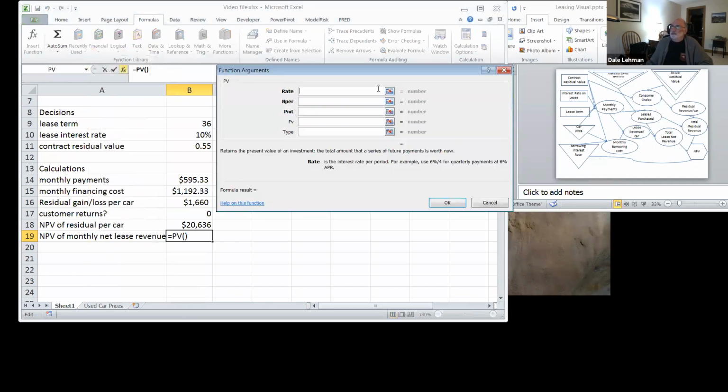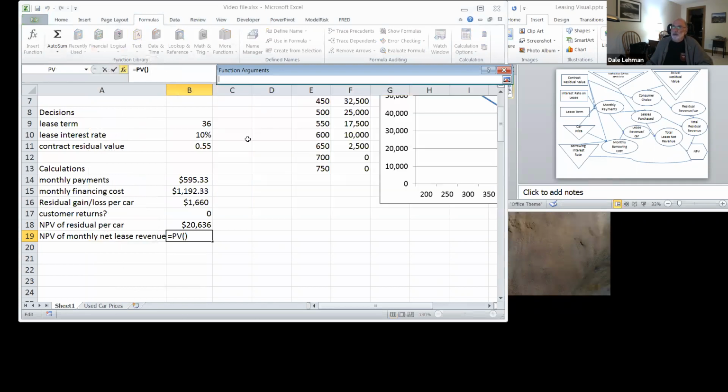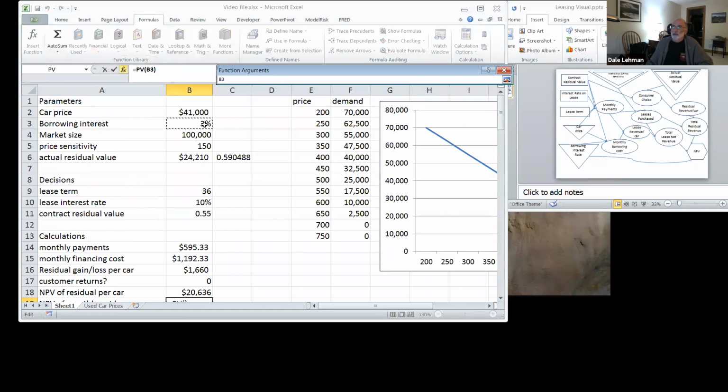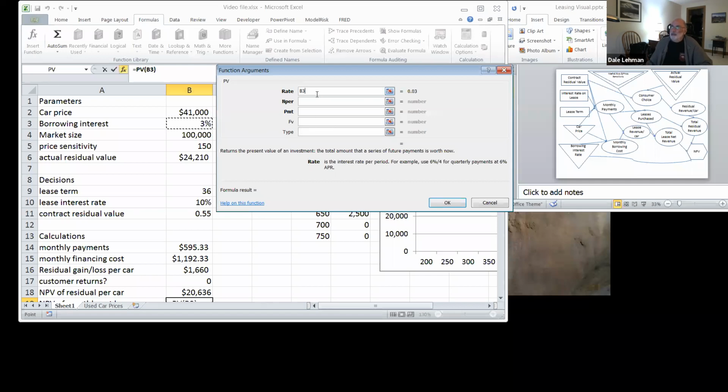Present value, the total amount a series of future payments is worth now. So we need the interest rate per period. And that is our 3%, but it's per month, so divided by 12. Number of periods, I'll just type it in, is B9.